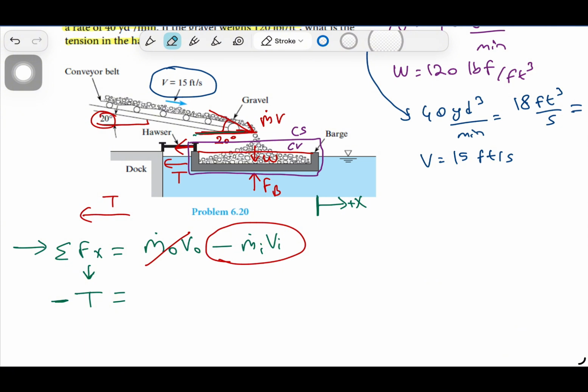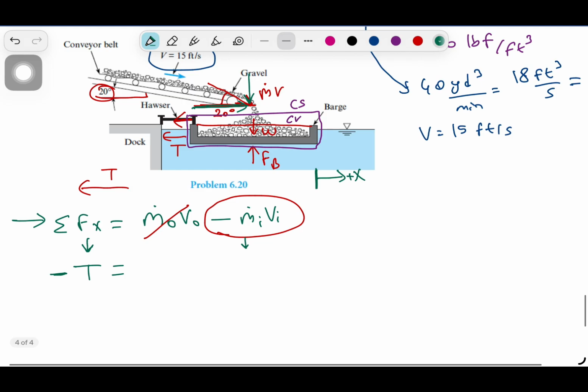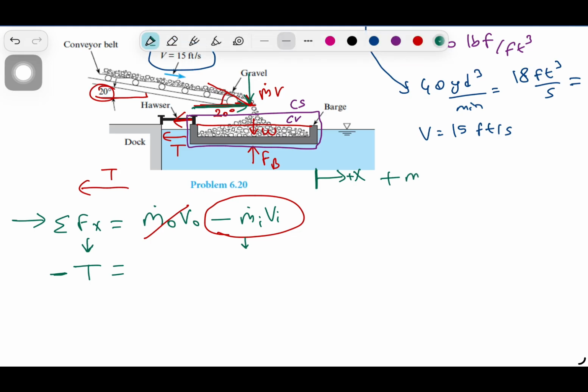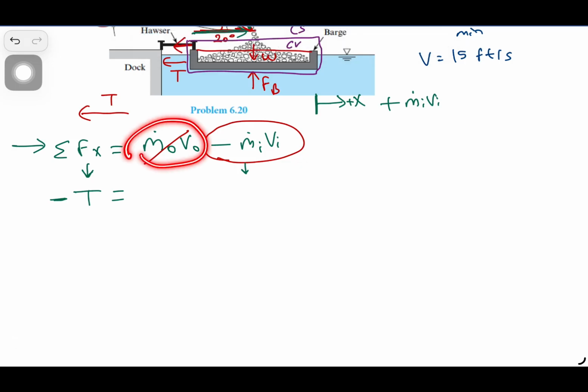And we have this vertical and horizontal components of this momentum rate. Since it is from left to right, which is given here, it will be positive. But since we are doing out minus in, it will have minus sign.